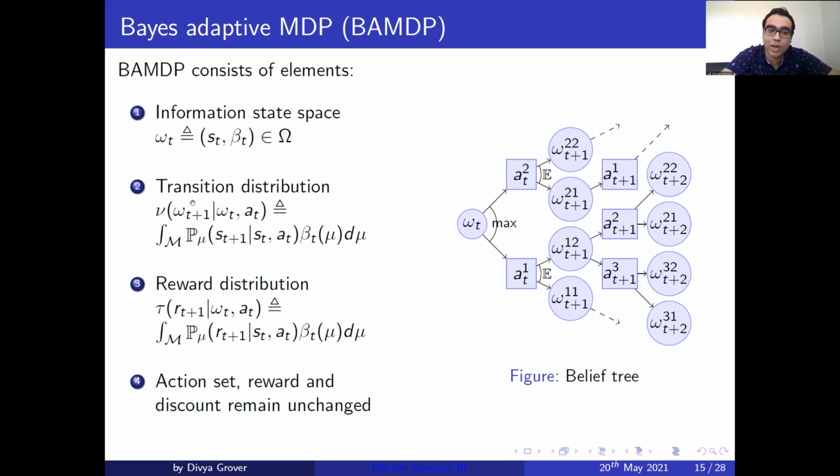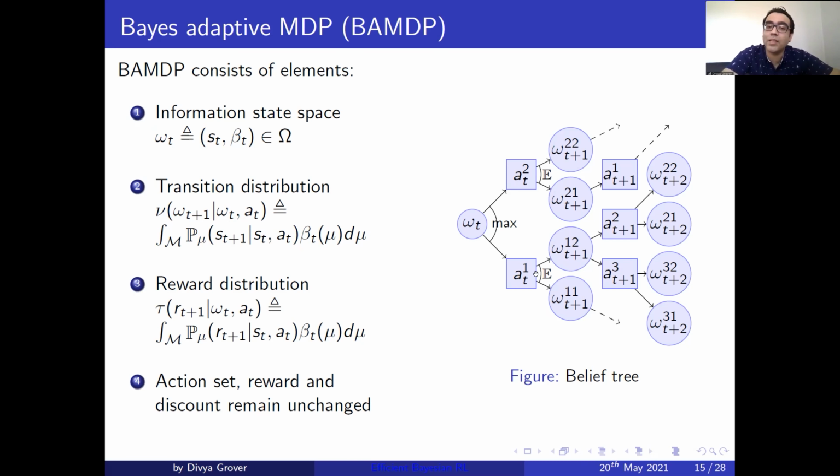So it's essentially the marginal distribution. So this is the transition, and reward is also defined in a similar way. You just average out the transition probabilities by weighting them with the beliefs that you have now for each possible environment, or mu. So that's how you build up your transition and reward distributions.